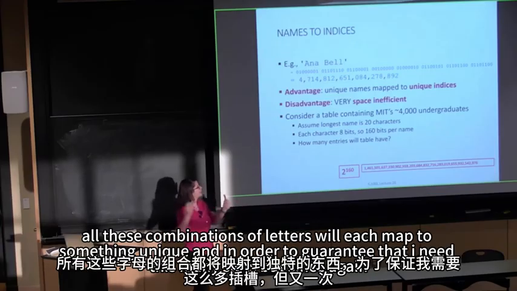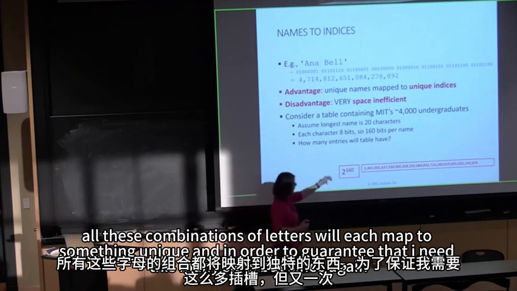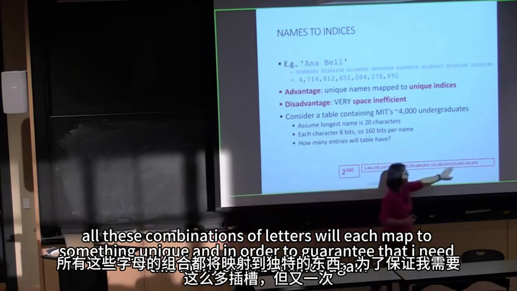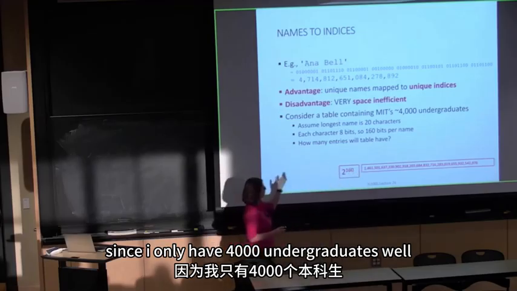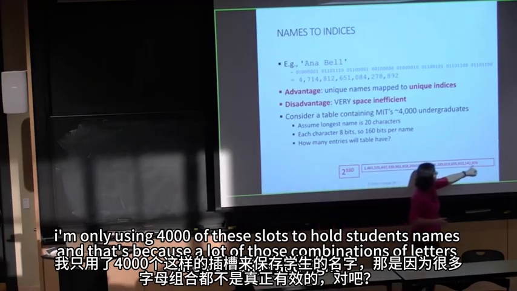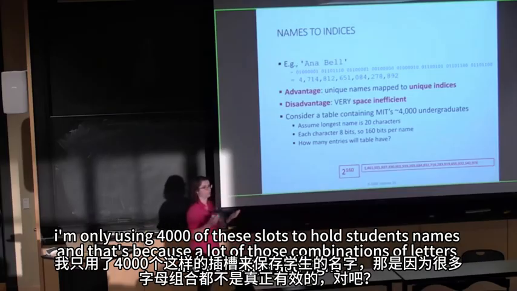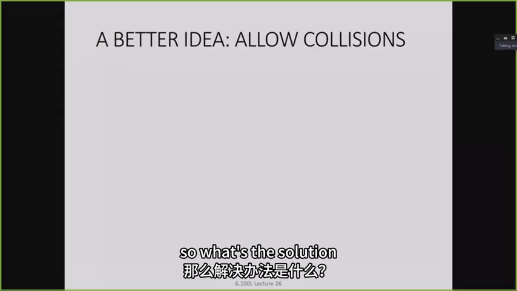So all these combinations of letters will each map to something unique. And in order to guarantee that, I need this many slots. But since I only have 4,000 undergrads, well, that's a lot of wasted space, right? I'm only using 4,000 of these slots to hold students' names. And that's because a lot of those combinations of letters aren't really valid, right? So what's the solution?